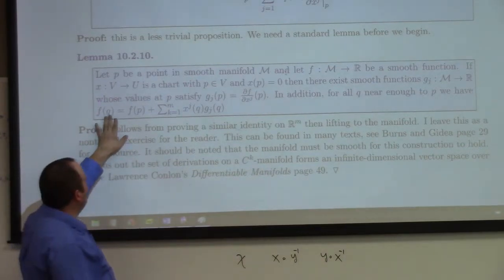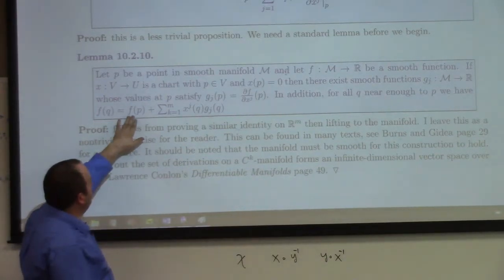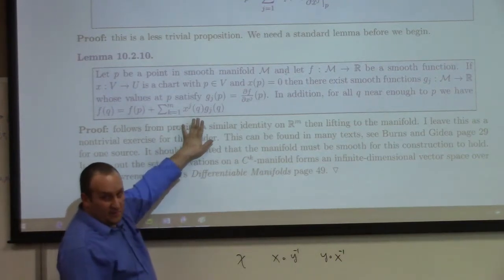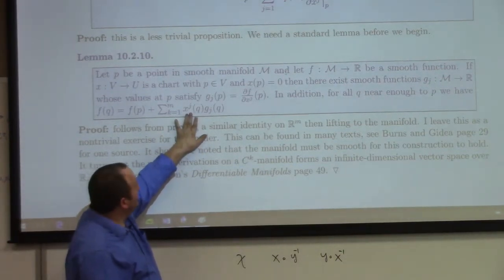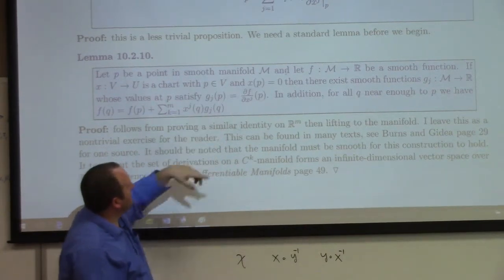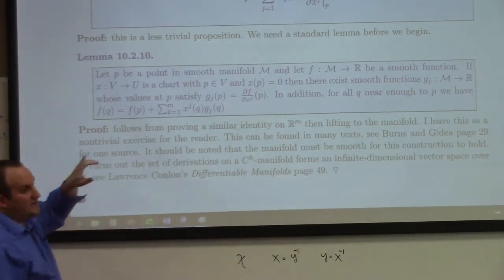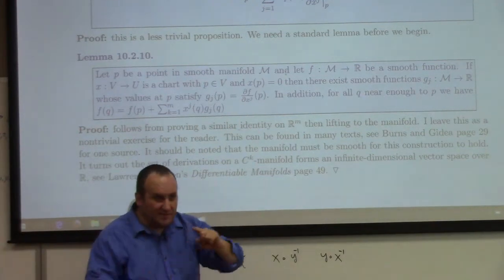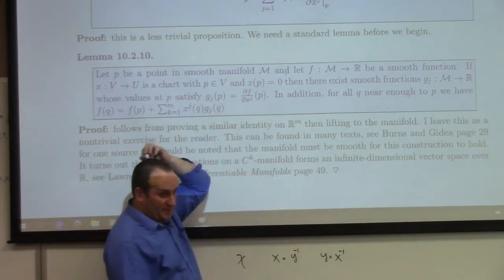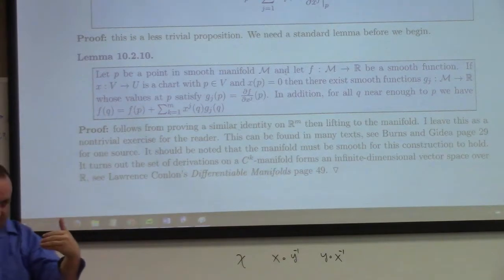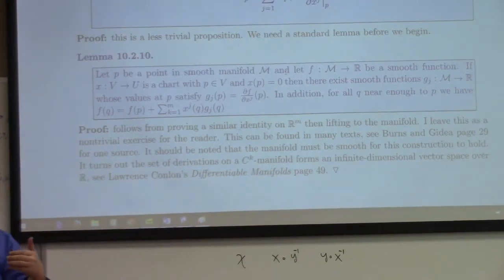It's saying you can write the function f of q equal to f of p plus the coordinate functions at q times these other things, these gj's of q. Notice that gj of q is not the partial derivative. It's some function that when you plug in p, it's the partial derivative. But I'm not saying it's the partial derivative at all q. It's just the partial derivative at p. This is something very sneaky.